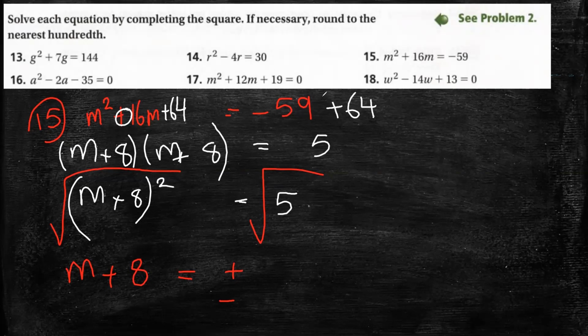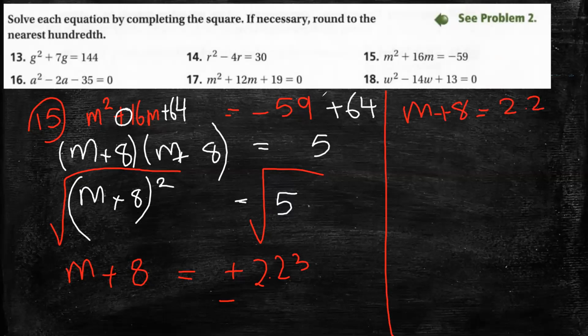It is 2.23. So m plus 8 is equal to positive or negative 2.23. That means m plus 8 equals 2.23 or m plus 8 equals negative 2.23.